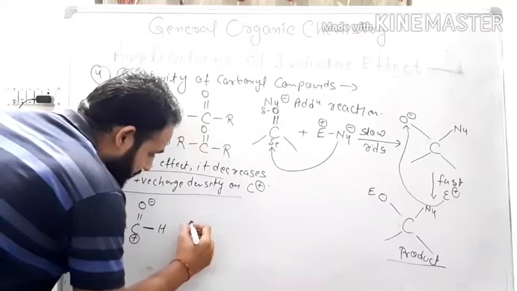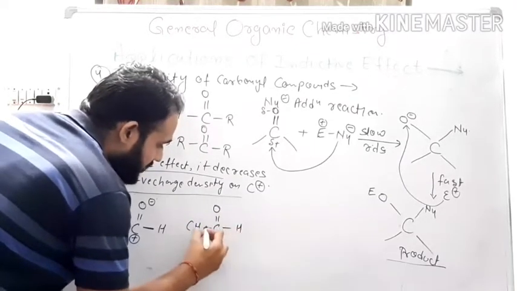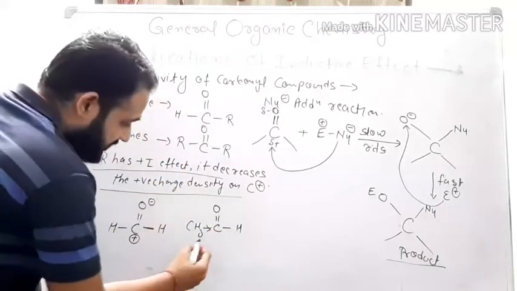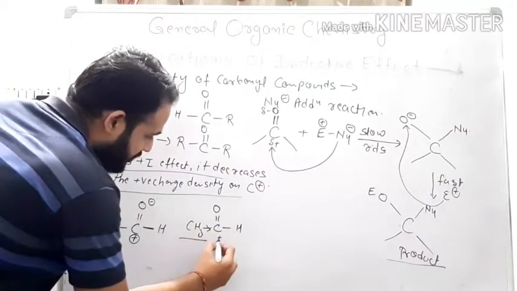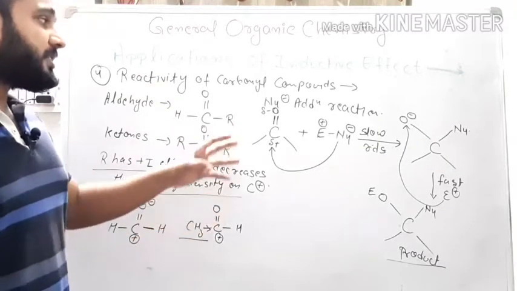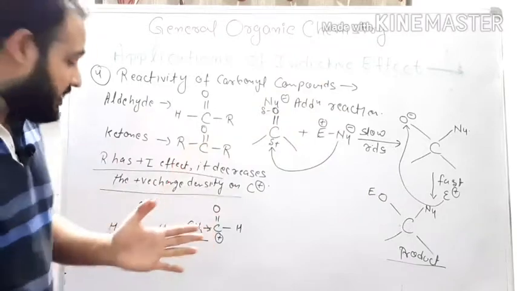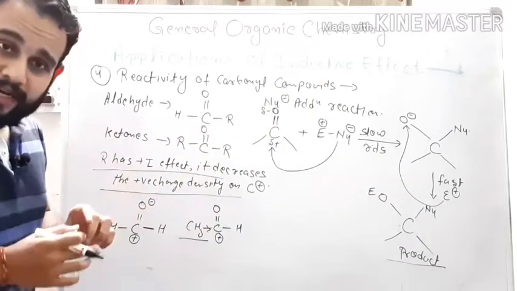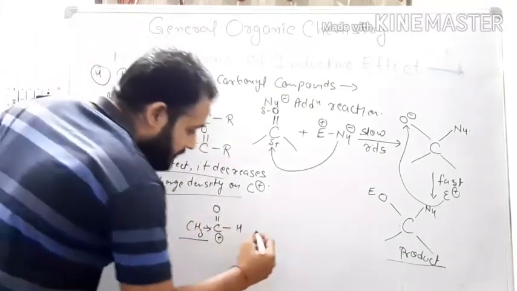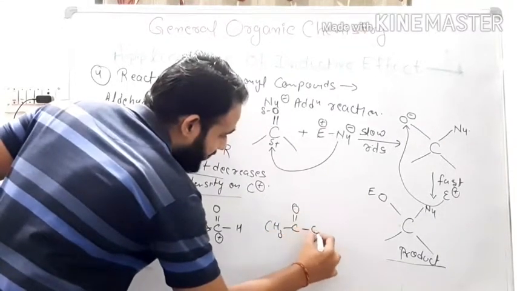Whereas when you talk about acetaldehyde, the plus I effect of the CH3 group decreases the positive charge density on this carbon atom. Because of this, it will show less reactivity for nucleophilic addition reaction than formaldehyde. And when you talk about a ketone, take acetone as an example.